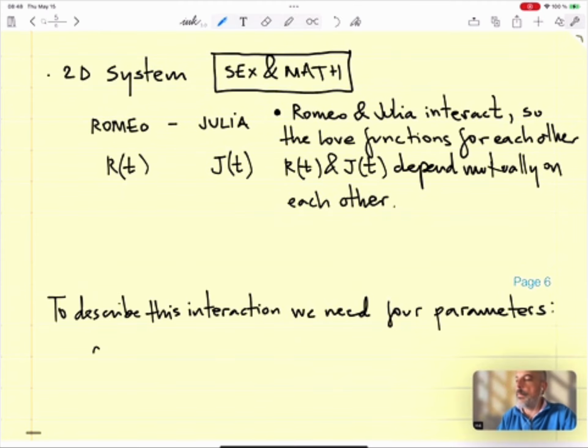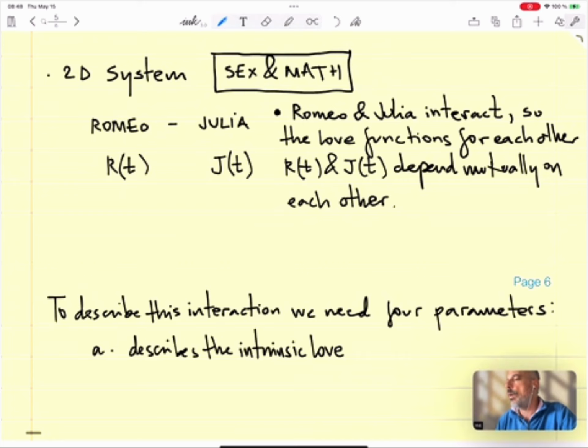A describes the intrinsic love of Romeo to Julia.